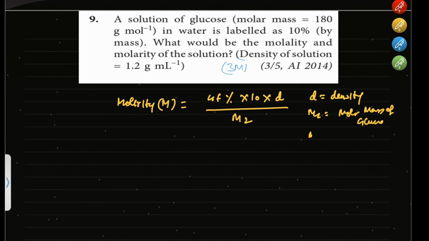So we can put all the given data in this formula for molarity. The weight percent is given 10% is equal to 10, then multiplied by 10, and density given 1.2, the molar mass of glucose is 180.